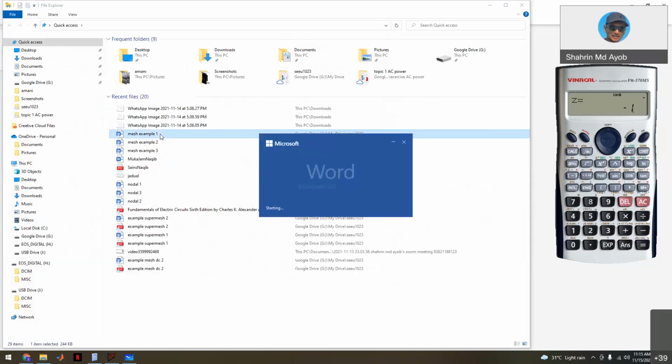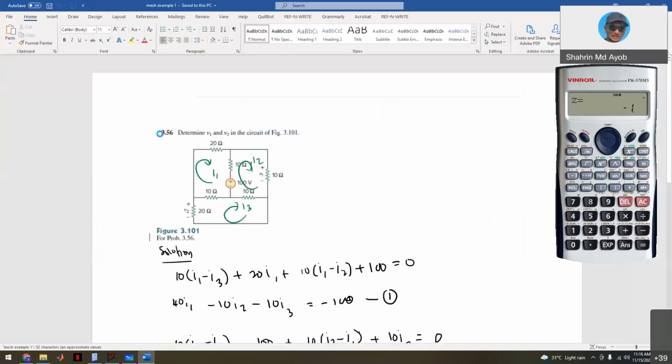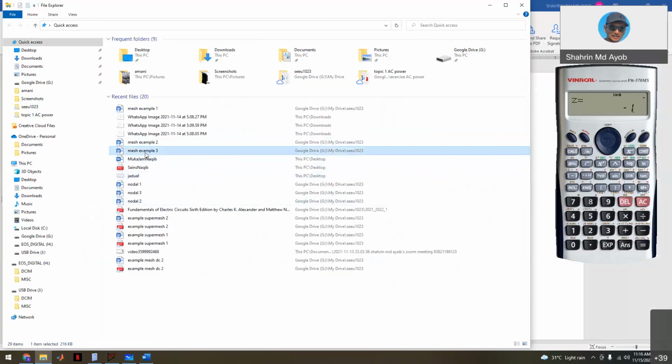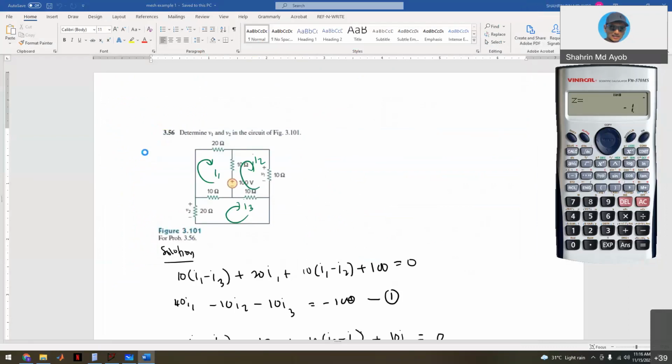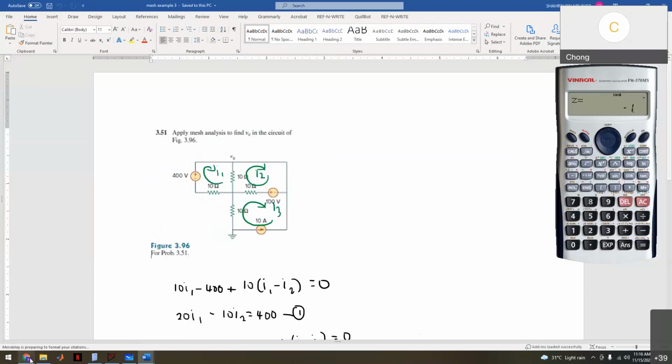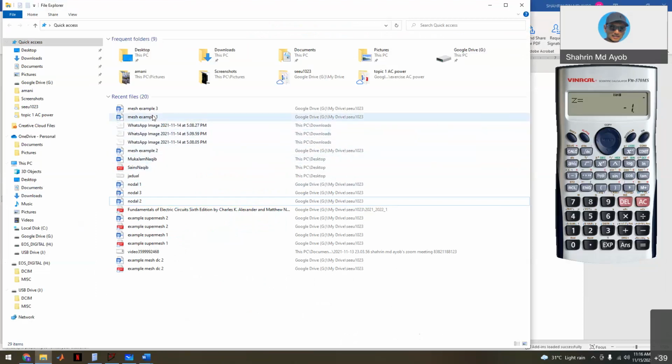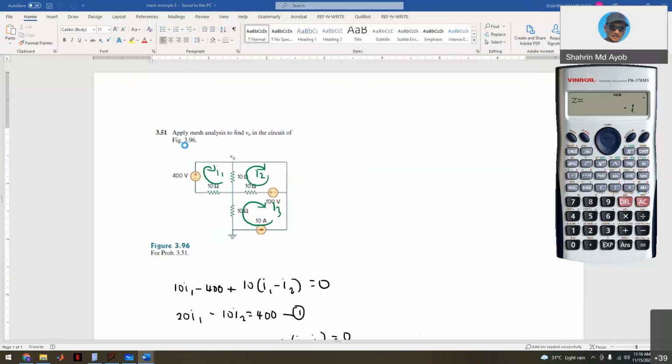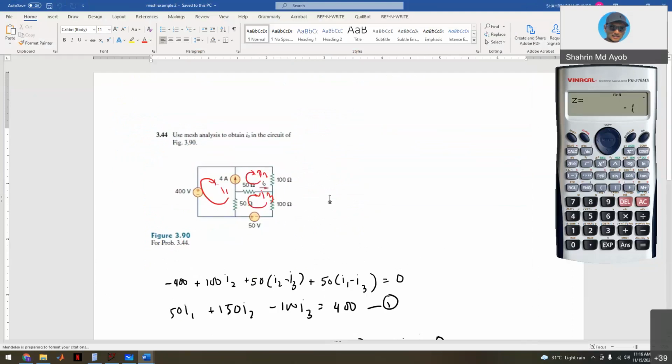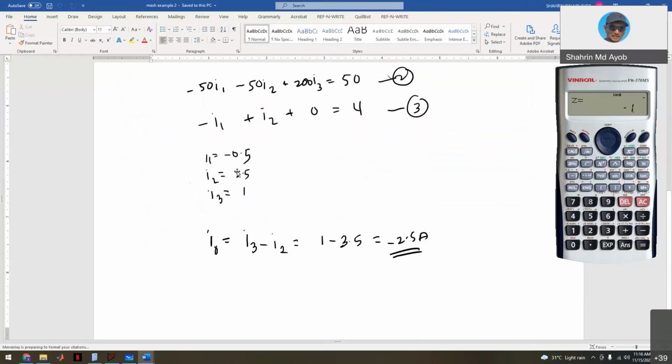Okay, let's check, because I have already done the calculation and then verified using LTspice. Let's see. Mesh current example 2. Okay, this one. This one I did using clockwise, so my answer is like this: 0.5.